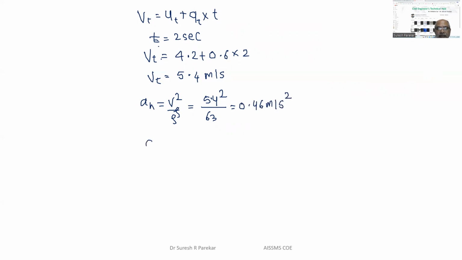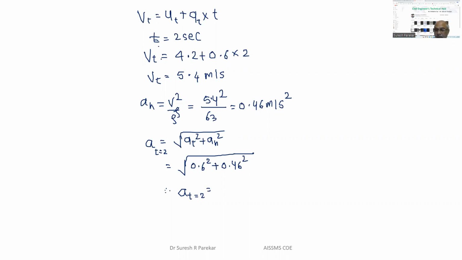Now a we can find equal to root of at square plus an square. So at t equal to 2, it is equal to root of at we have 0.6 square, an we have 0.46 square. And from this we will get a at t equal to 2.